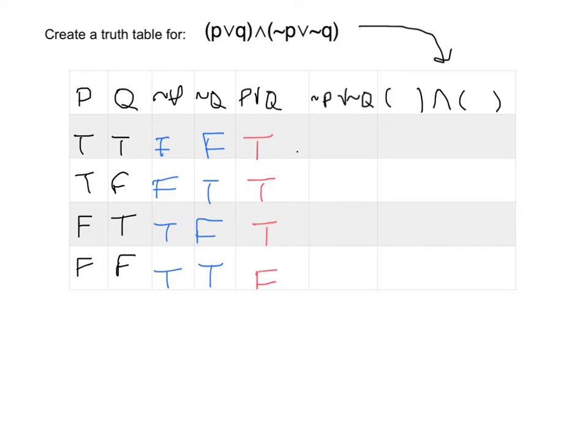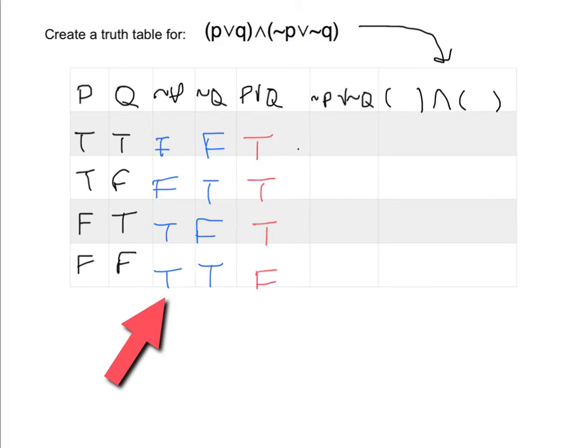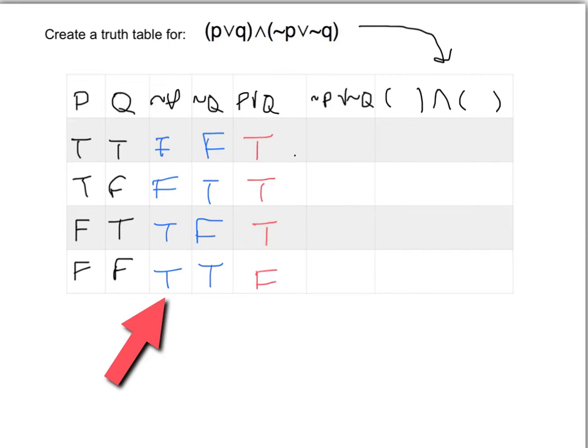For the not P or not Q column, this time we're actually looking at this column here together with this column here. Those are the two columns we're going to be looking at, and we're ignoring the first two columns. So again, we're looking at not P or not Q. If we look at these two here, we have false and false, so neither of them is true, so that has to be false.